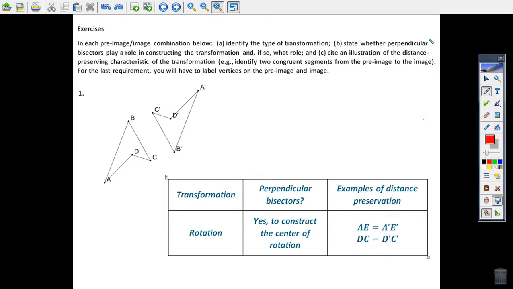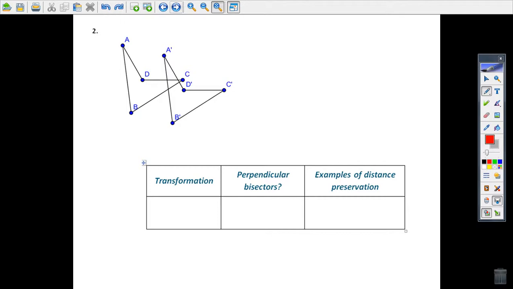So, for number 2, what kind of a transformation is that? Colton, what'd you get for number 2 for your transformation? Sorry, we can't hear you because people are talking. It's a translation. So number 2 would be a translation.